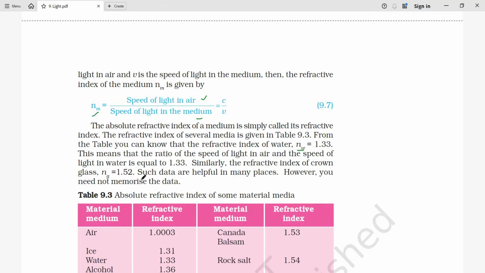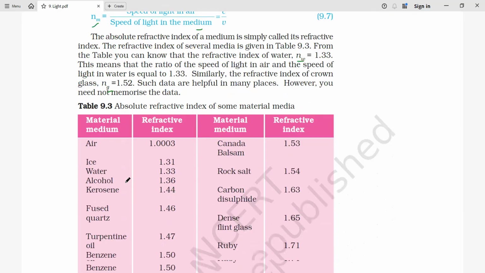Okay. And in case of glass, it is 1.52. Okay, somewhere we might have discussion about this crown glass also. So yes, this is the refractive index of the crown glass only, that is 1.52.